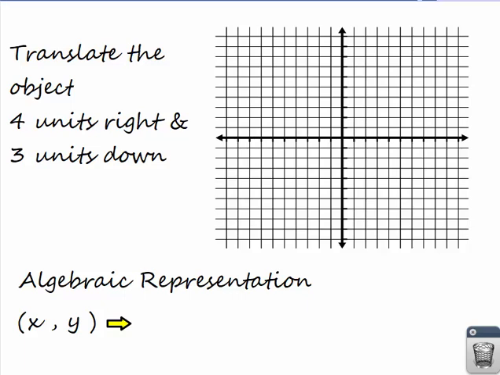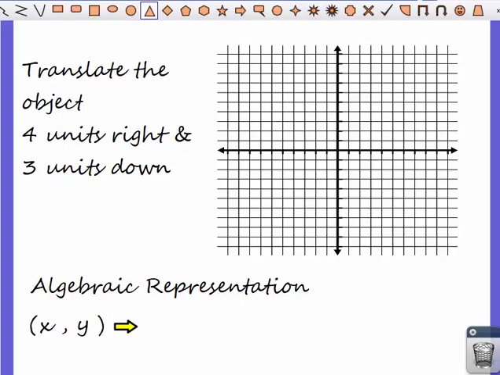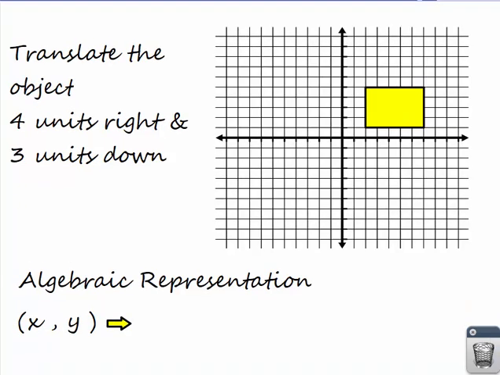So here I have a coordinate grid. I would like for you to translate the object I'm about to draw 4 units to the right and 3 units down. Okay, so let's see if we can do that. Let me put an object on our grid. So let's say we have the object and it's right there. Now this says to translate it 4 units to the right and 3 units down.